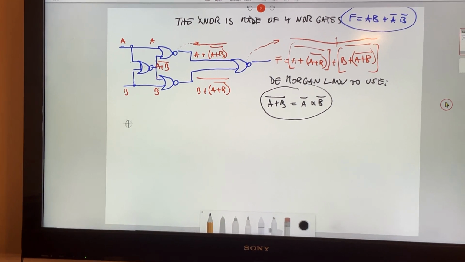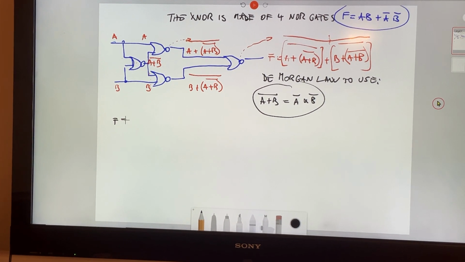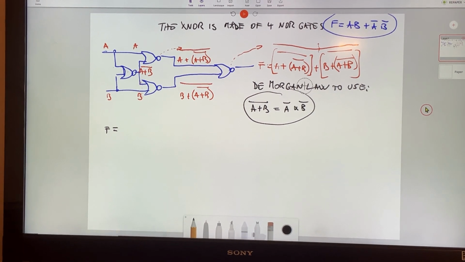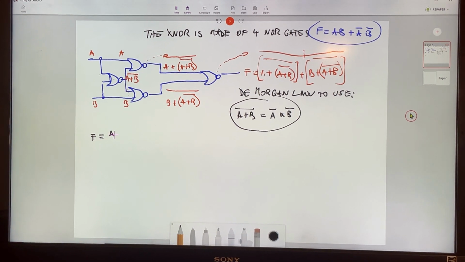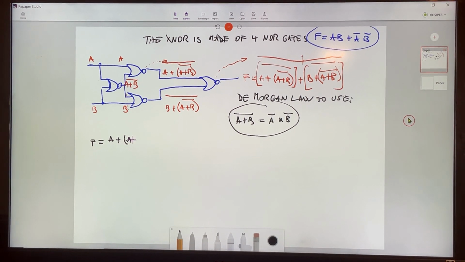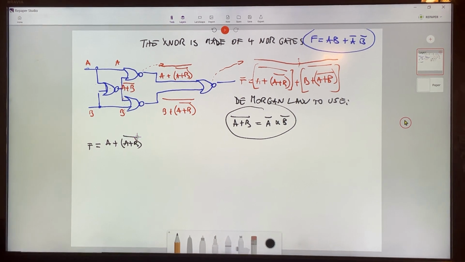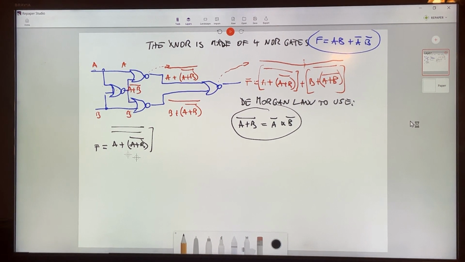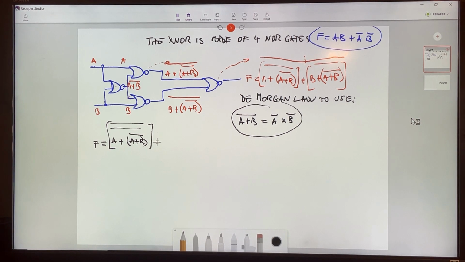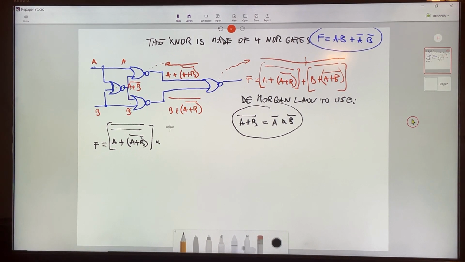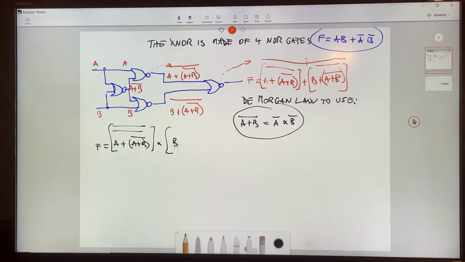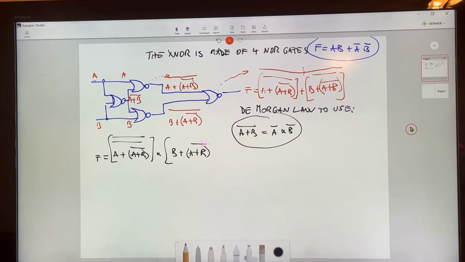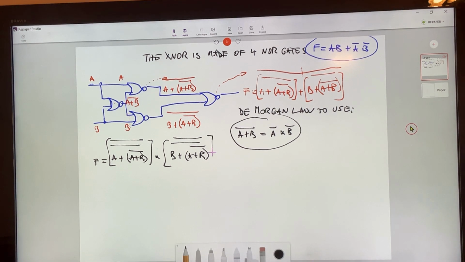So let's start. So then the function, what function? This one, the complicated one over here, we're going to rewrite it like that. A plus B with a bar in the top and with 2 bars. This one is going to be times, and it is going to be something similar, B plus A plus B with a bar and with 2 bars in the top.